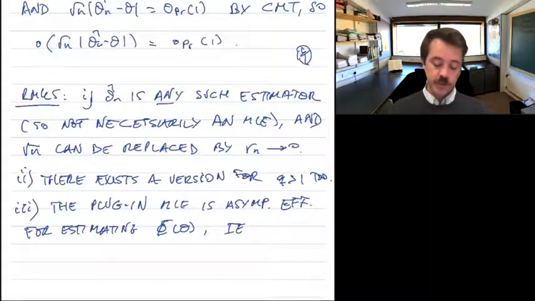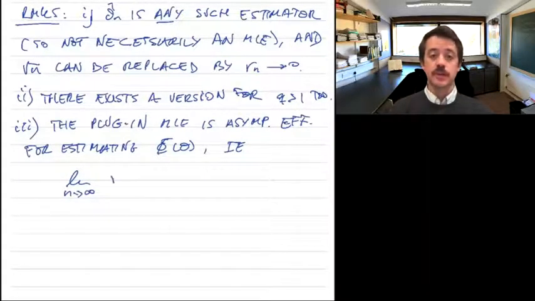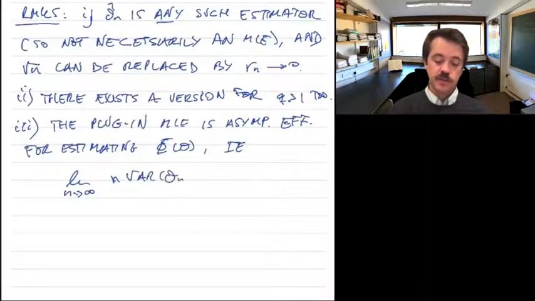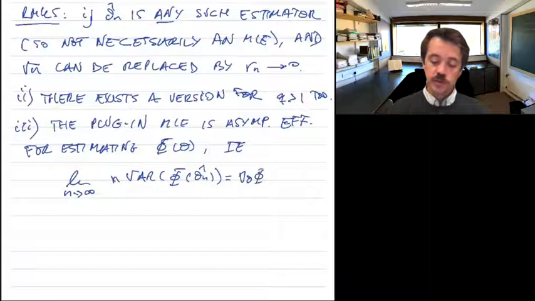Remember what we said, the limit as n goes to infinity of n times the variance of this guy is going to be precisely just the quantity that we saw in the theorem.